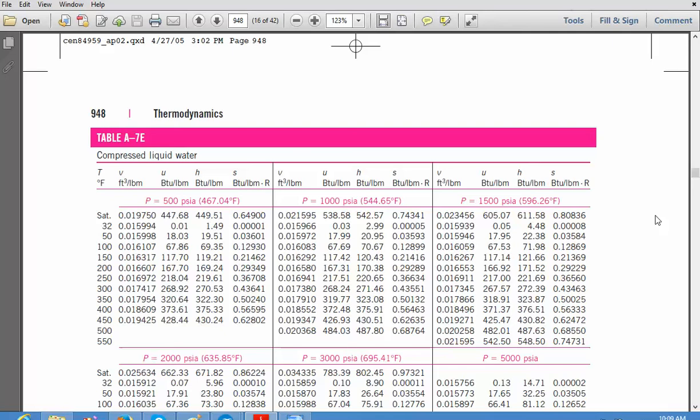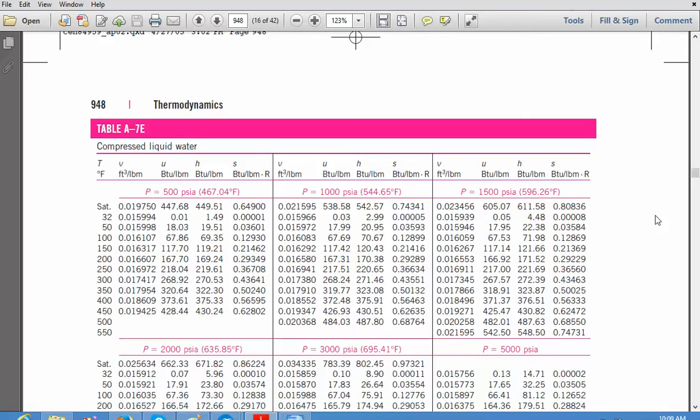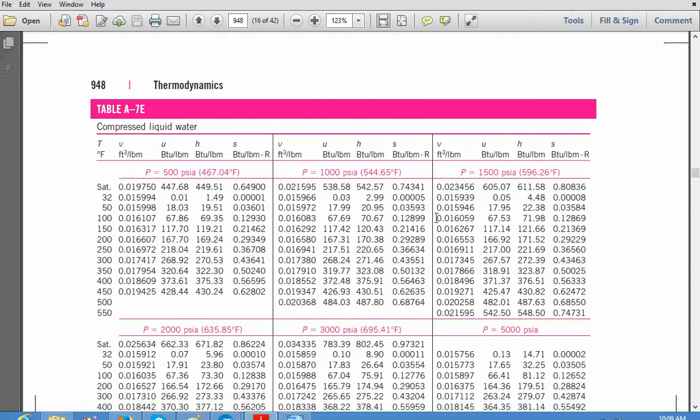Now we look for a temperature of 200 degrees at a pressure of 1000 psi. Here's the pressure of 1000 psi.